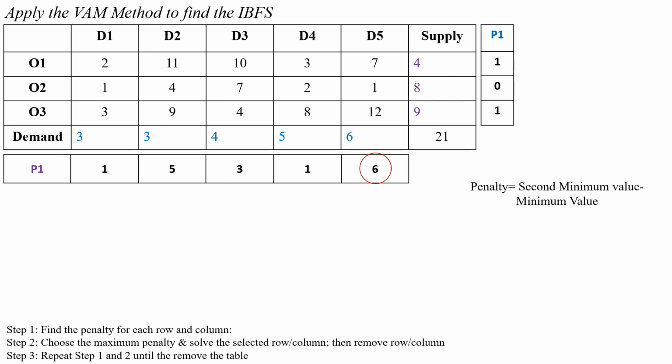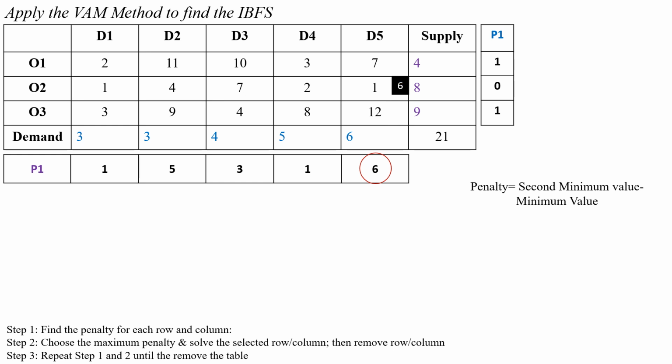So here the minimum value cell is 1. For this one, demand is 6 and supply is 8. So the minimum is 6. So the maximum possible allocation is 6. So we allocate 6 here.